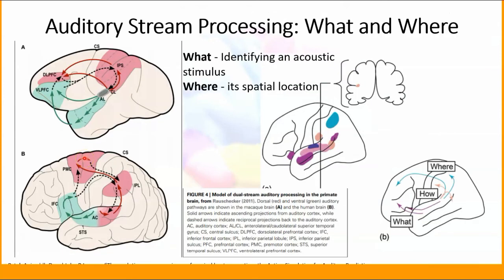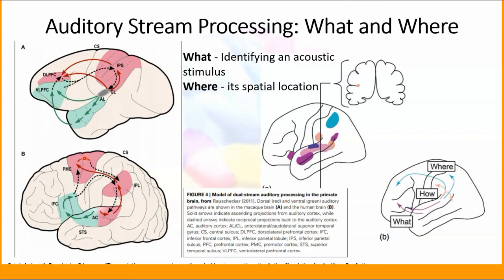In the visual system, there are cells responsive to where, how, and what properties of visual information. In the auditory cortex, the auditory information can also be characterized into where, when, and what aspects.